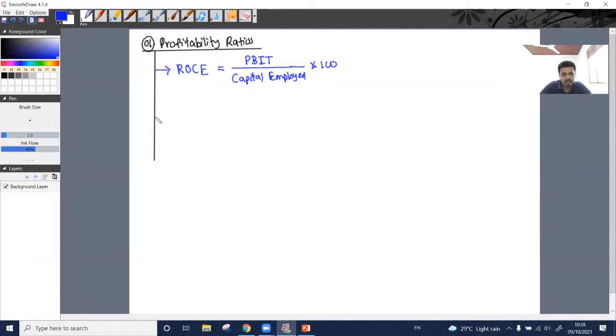What are the other profitability ratios? What else can we have? This one, ROE. What do you mean by that? Return on equity, right?